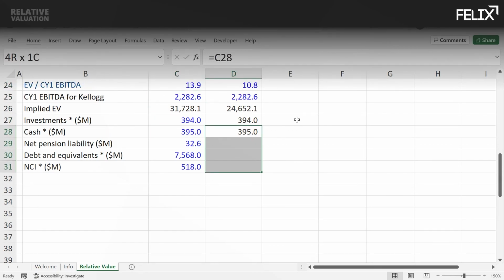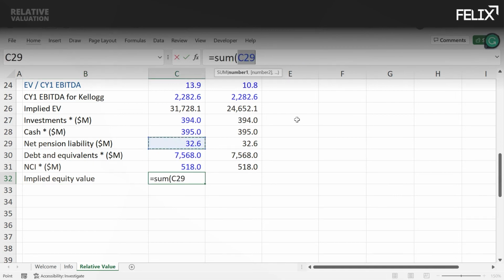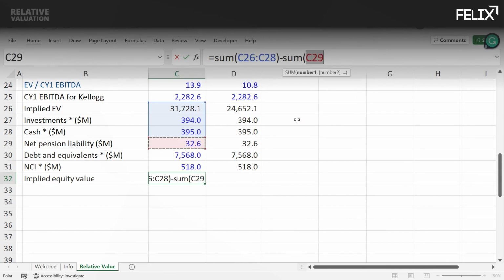Now, you've got to remember that you have all the assets on one side, which is the enterprise value and the financial investments, and then all the claims on the other side. So the implied equity value, because we're going to start at enterprise value, is the enterprise value, the financial investments and the cash, minus all the other claims ahead of shareholders, the pensions, the debt, and the non-controlling interests, the NCI there.